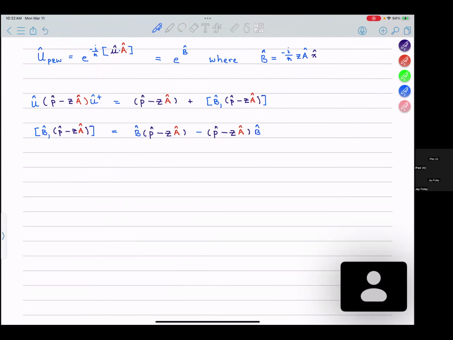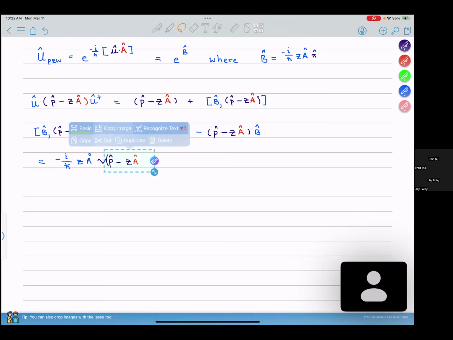All right, so this will be equal to, in the first B hat, I'm going to write minus i over h bar z a hat, then x hat, p hat minus z a hat. Let me give myself a little room here.